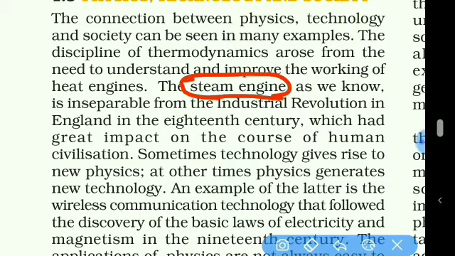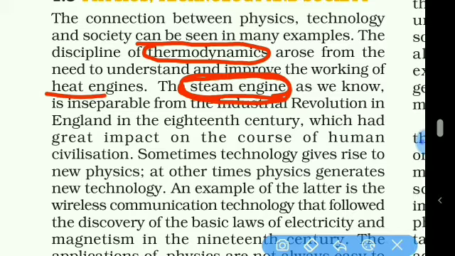The steam engine is used for transportation. This steam engine is nothing but an invention due to thermodynamics, in which heat energy gets converted to work.